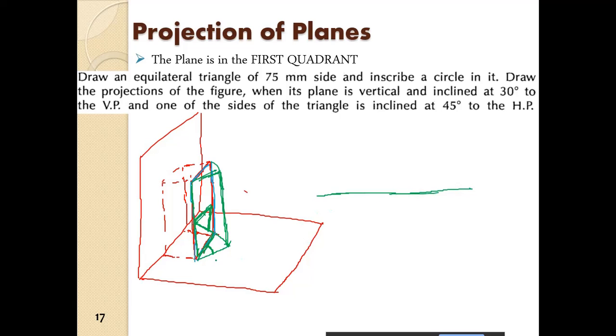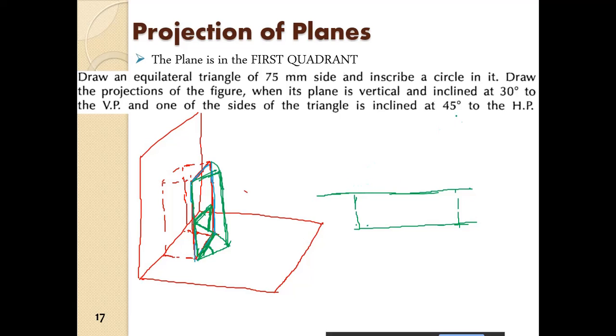We have the XY line, okay, and at a particular distance we have the horizontal trace. We are not concerned with the dimensions as of now. So we have the horizontal trace.